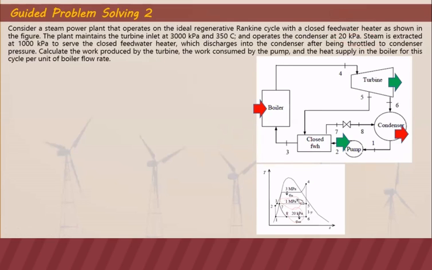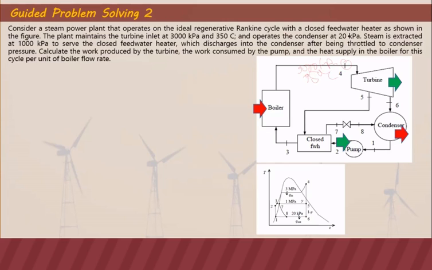Guided problem solving number 2. Consider a steam power plant that operates on an ideal regenerative Rankine cycle with a closed feed water heater as shown in the figure. The plant maintains the turbine inlet at 3,000 kilopascal and 350 degrees Celsius. So that means that at the inlet of the turbine, point 4, the pressure is 3,000 kilopascal and the temperature is 350 degrees Celsius.